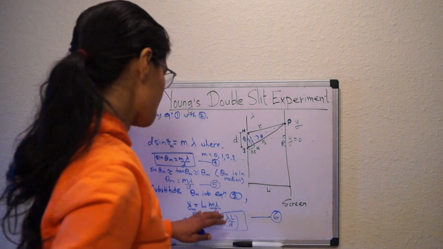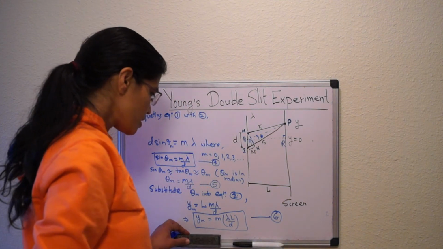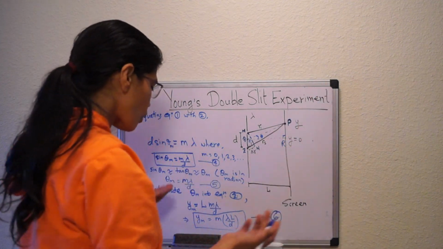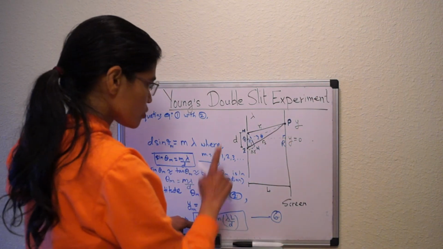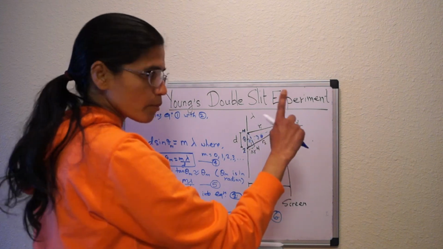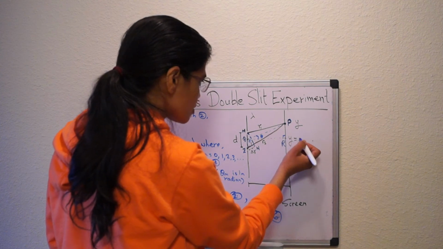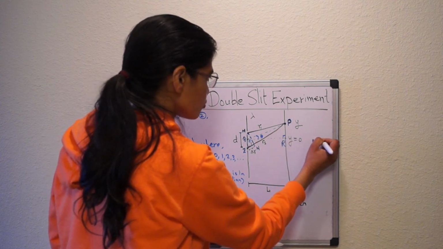So this equation is very, very important. Here we have some y. Let's say if it is y1, what happens? Instead of m, it is 1, meaning fringe number 1. If y equal to 0, this corresponds to m equal to 0.